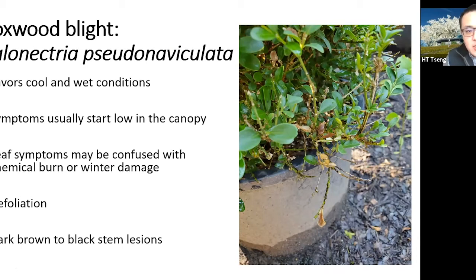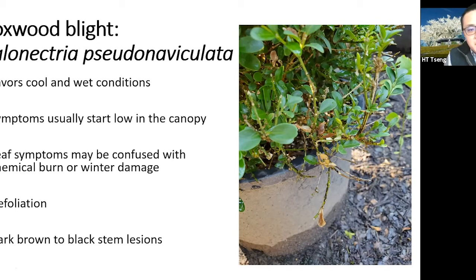And symptoms usually start low in the canopy, where the airflow is mostly limited. Whenever you water or rain happens, the foliage stays wet for a longer period of time at the lower part of the plant. And that's what the fungus needs to attack your plant.